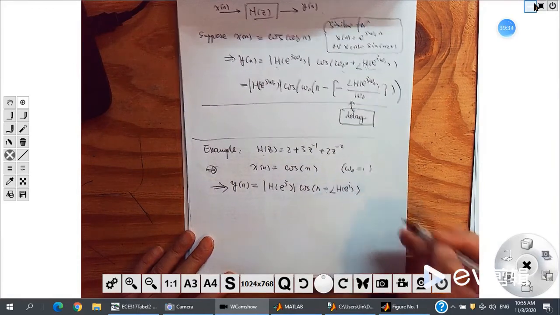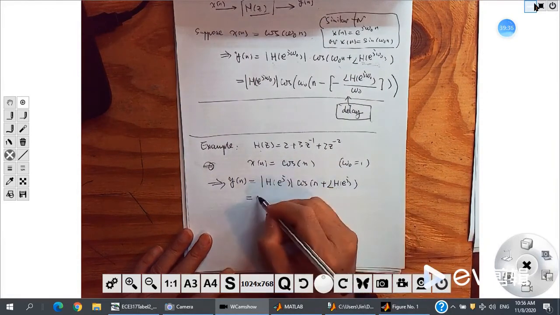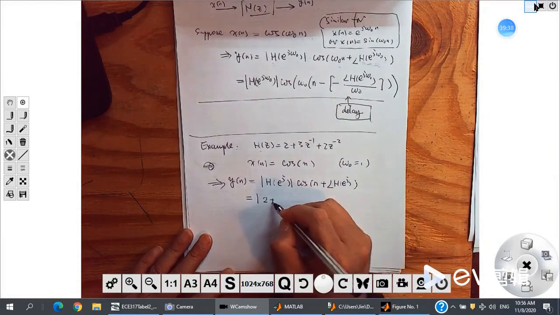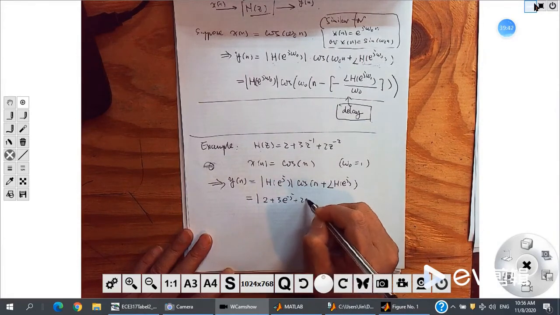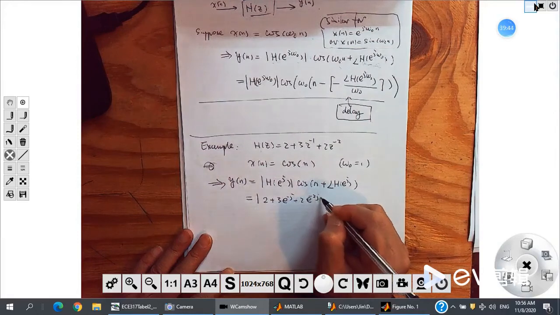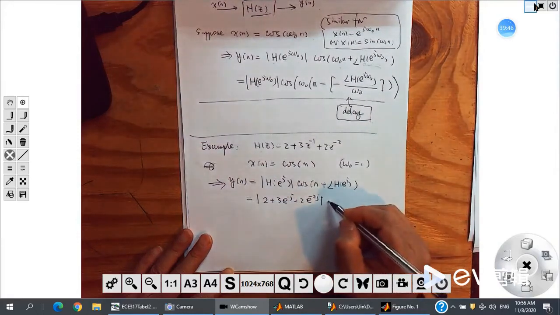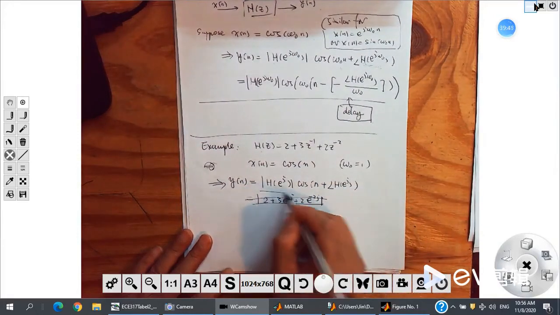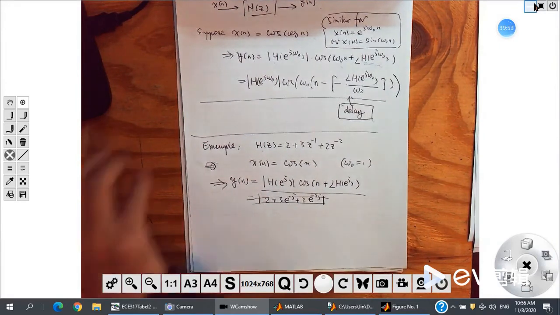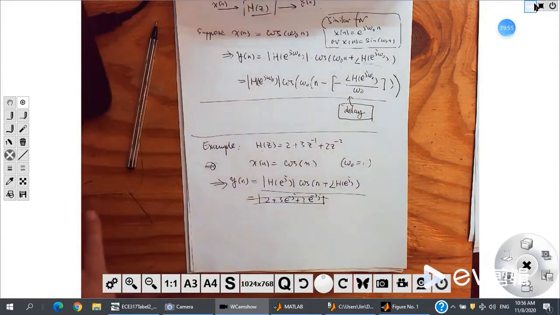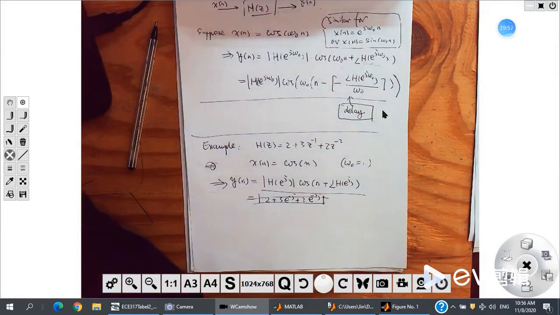The magnitude of 2 plus 3 e^-j plus 2 e^-2j involves a lot of calculation by hand, but we can use a computer to see what it is.